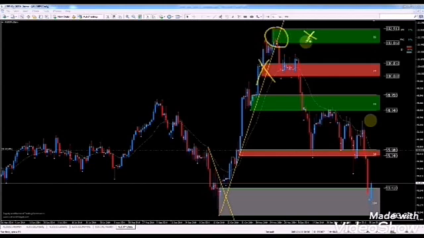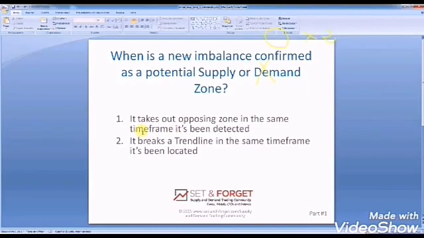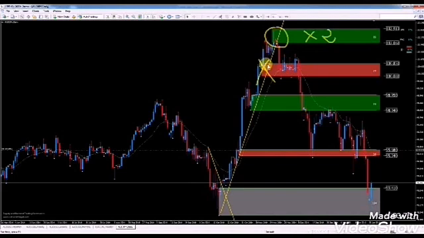This is valid by two reasons, okay, first one and second one. So this area of demand was taken out by which area? This one area over there. This is the area that dropped and took out that area. This is the area that took out this one. Then this one was already taken out by this one.